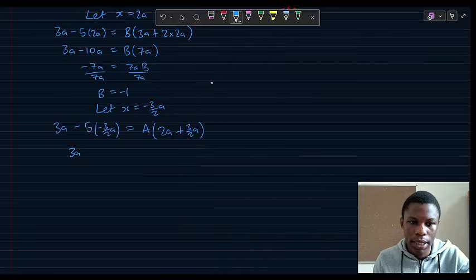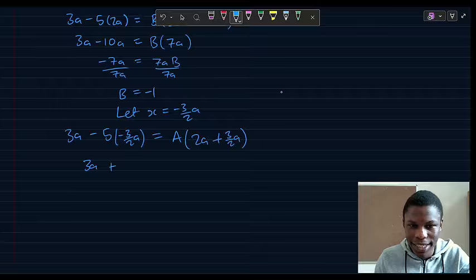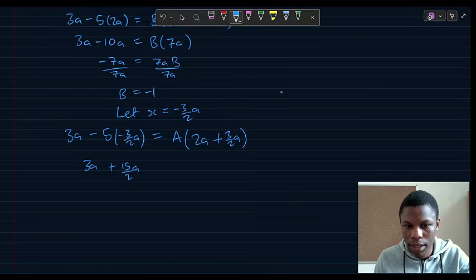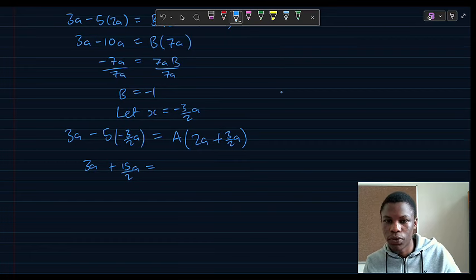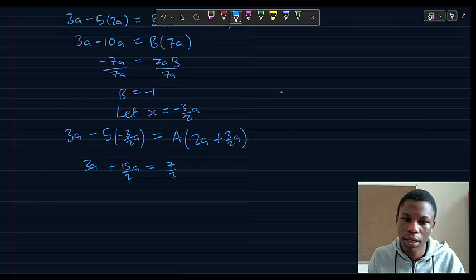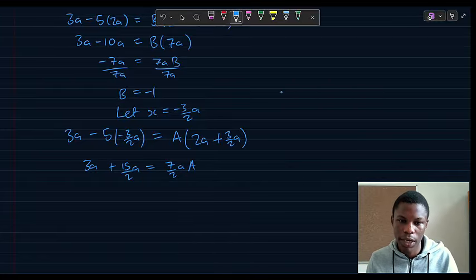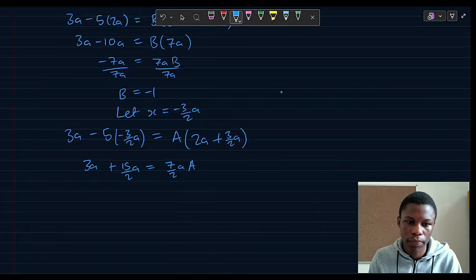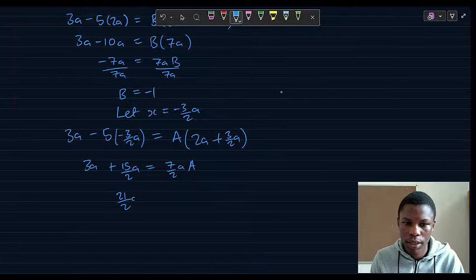So I've got 3a plus 15 over 2a, and this is equal to 2a plus 3 over 2a, which is 7 over 2a, and that's all multiplying the big A. On the left, I've got 3a plus 15 over 2a, which is 21 over 2a, is equal to 7 over 2a.